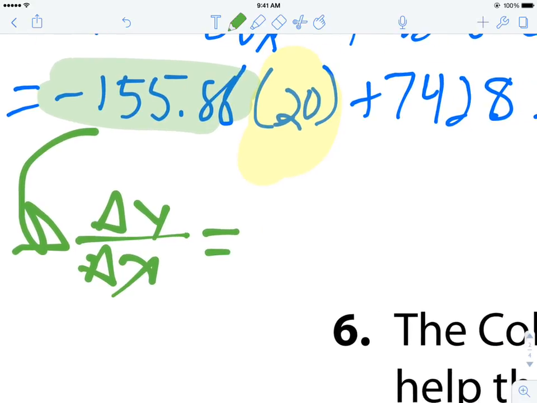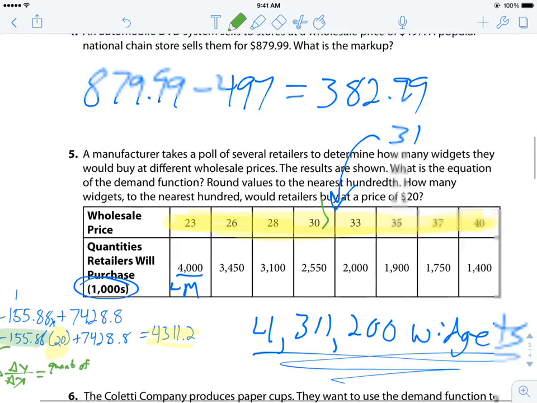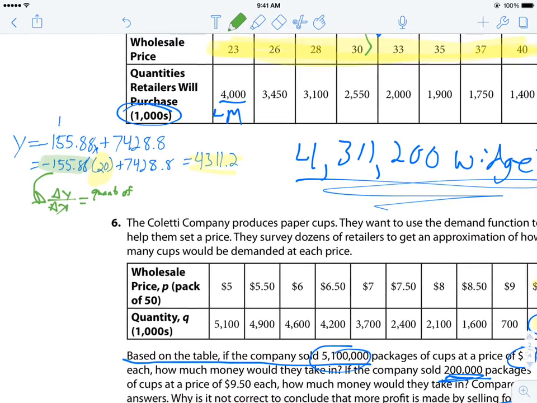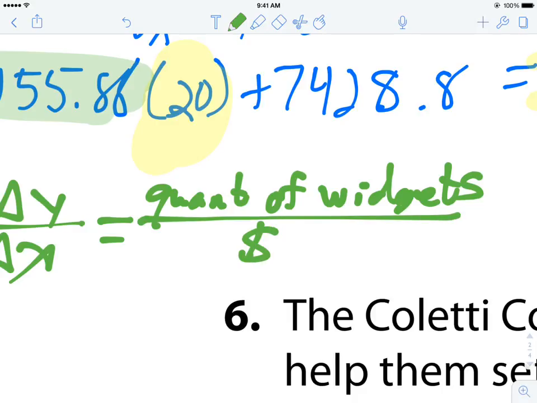My y values right now are representing the quantity of, what were we dealing with in this situation? Widgets. How the quantity of widgets changes for every dollar increase in price.